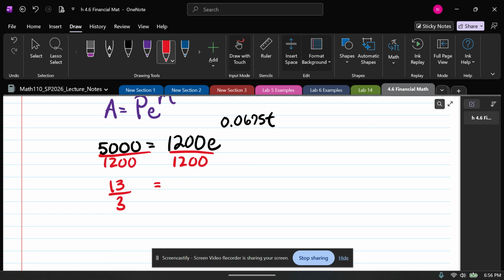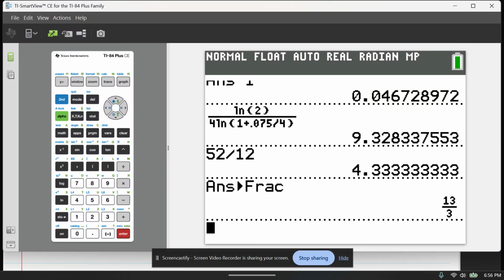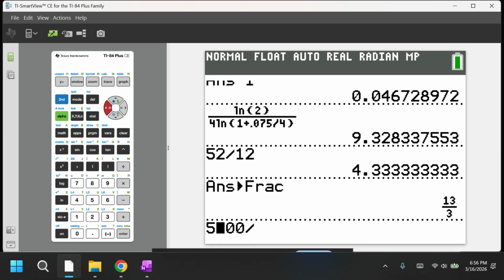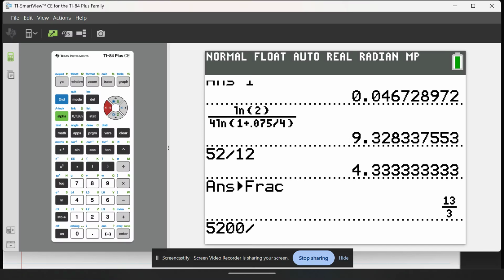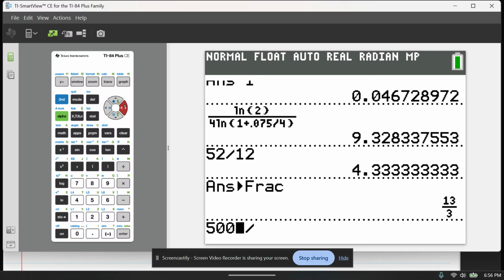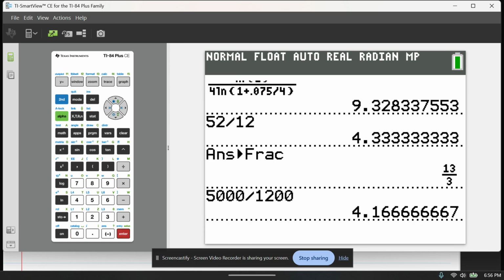But because it was a repeating decimal, when I put that in the calculator, 5,200 divided, or not 5,200. Why did I do 52? It's supposed to be 50 divided by that. Let's do 5,000 divided by 1,200. That's a better number. Still a repeating decimal, so I don't want to round that.